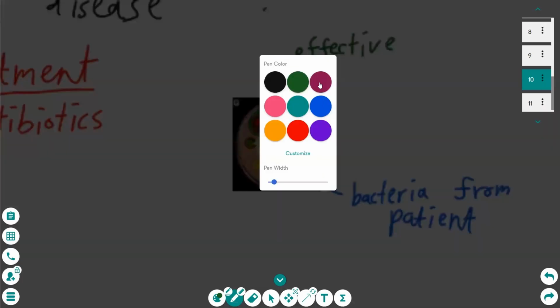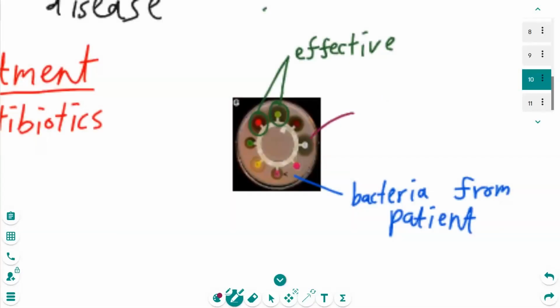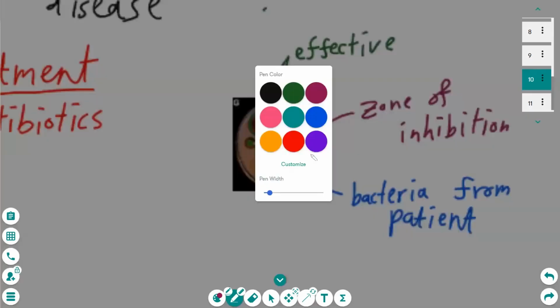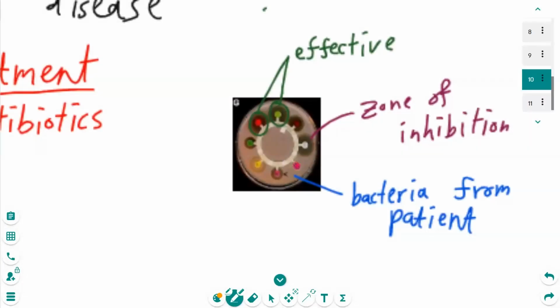This zone is the zone of inhibition. For this antibiotic, there is no zone of inhibition, which means it's not good.